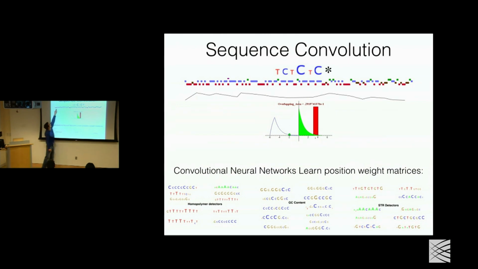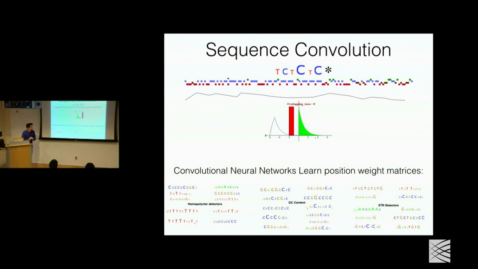So right here, you see in the sequence we have red, blue, red, blue, red, blue. That's TC, TC, TC. It found what it's looking for. That's a motif detector looking for TC, TC, TC. It finds it, it gets a big response. Just like the edge detector, when it saw a vertical edge, it gave a big response. Here, when we see a TC, TC, TC, we get a big response.